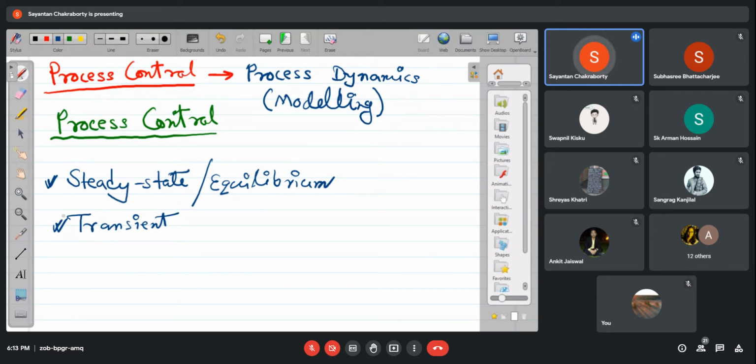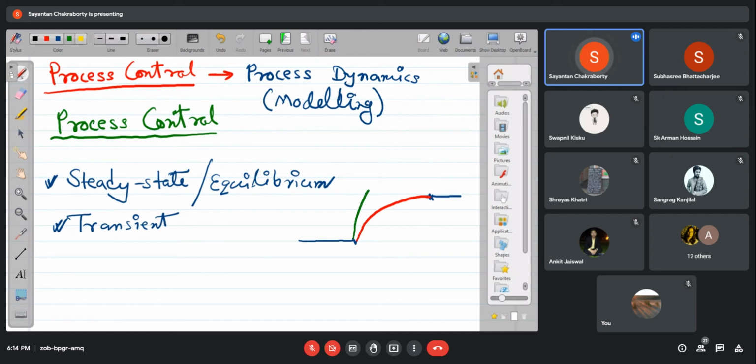Now, if under any condition, due to a disturbance or a change in operating condition, or by deliberate change in the desired condition, there will be a situation where this equilibrium will be shifted. Suppose initially it was working with this value, now it is shifted to this value. But this transition from this value to this value will not be a smooth one. It may follow different paths. It can follow a path like this.